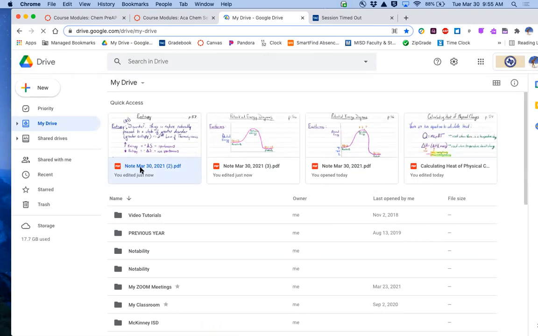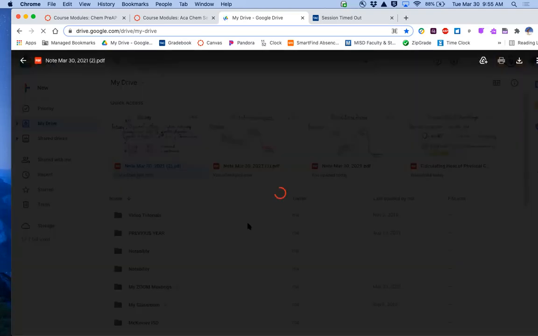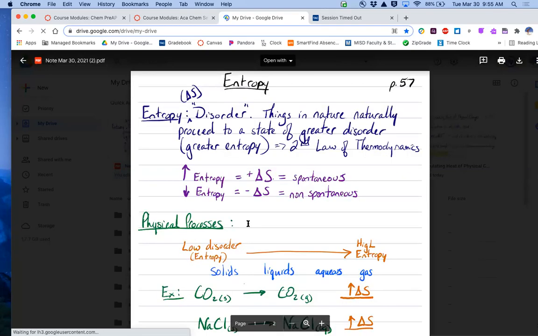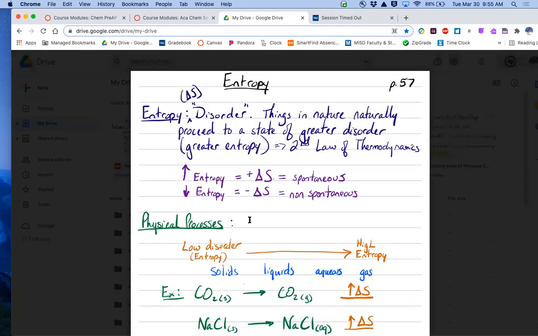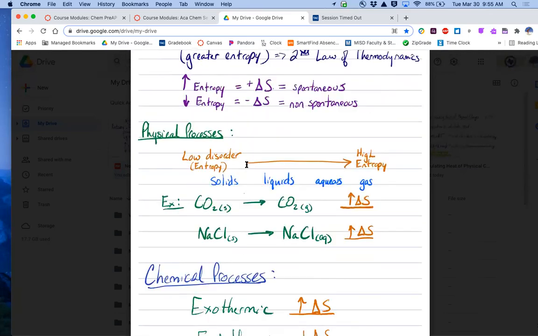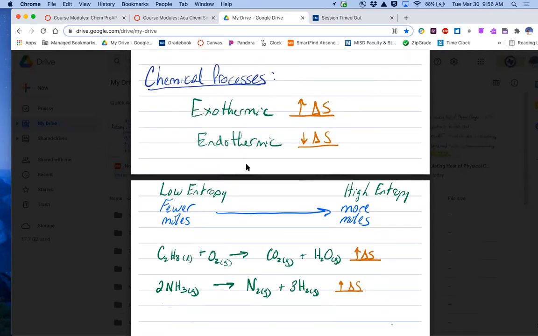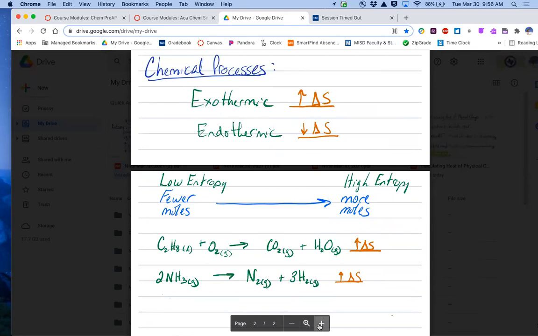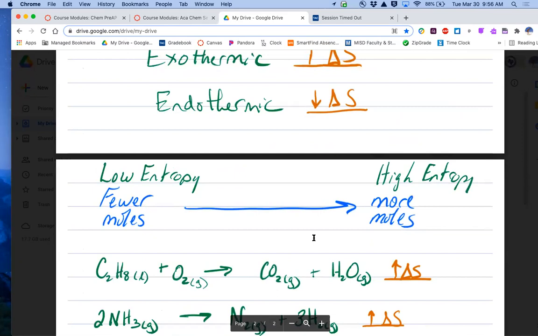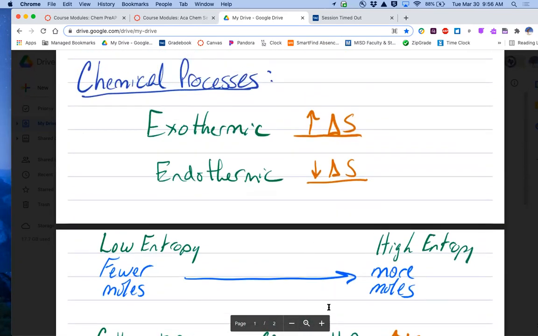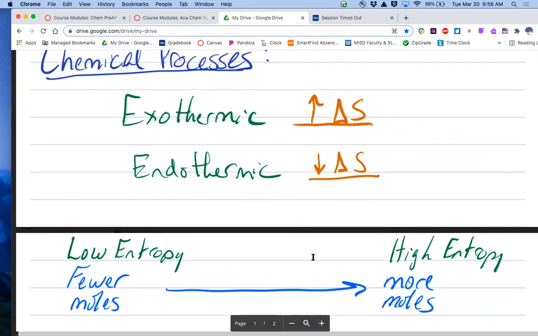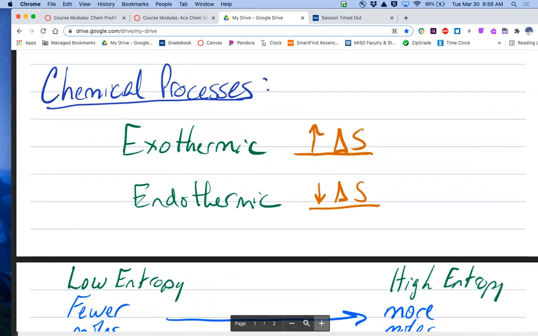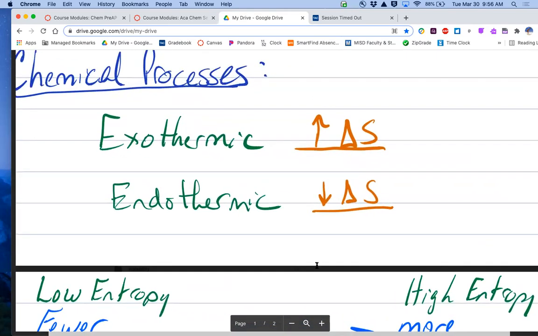Now moving on to chemical processes. All right, exothermic and endothermic.